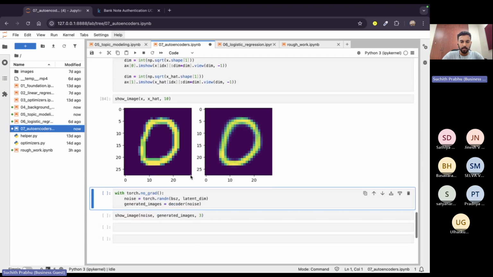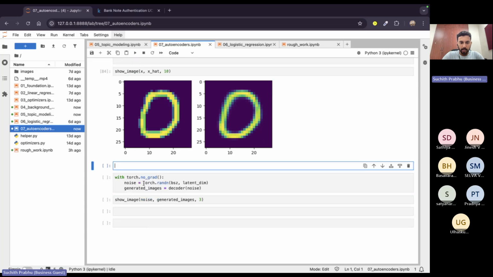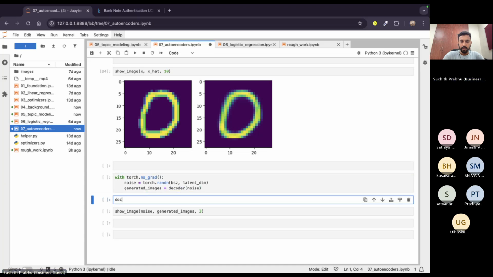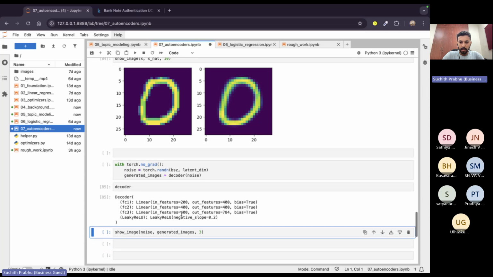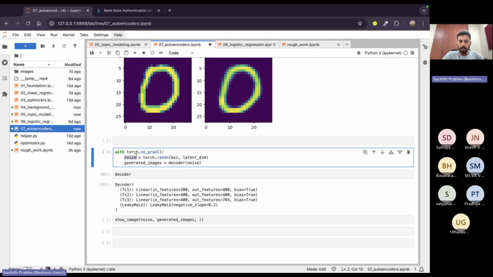The interesting part is over here. We are taking random noise and passing that through the decoder; we have just taken out the decoder part. We are initializing the latent with random noise and just passing it through the model.